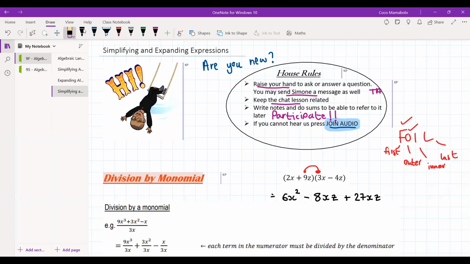Okay. And then, having done the inner part, we need to do last. Last is the last term in each bracket. So the last one in this bracket and the last one in this bracket, we're going to multiply these two together. So 9z multiplied by negative 4z will give me negative 36z squared.